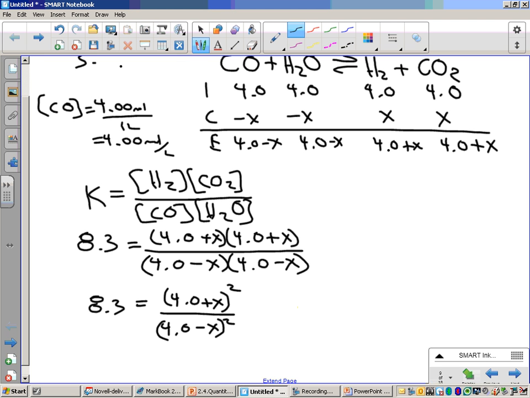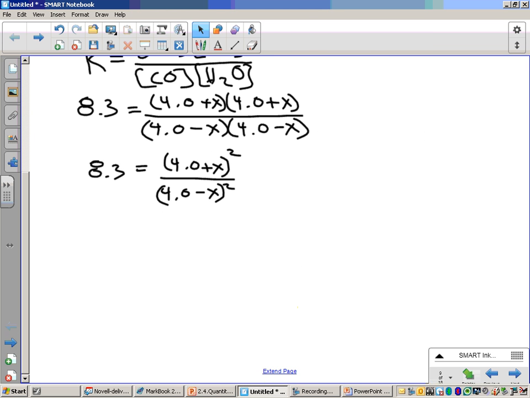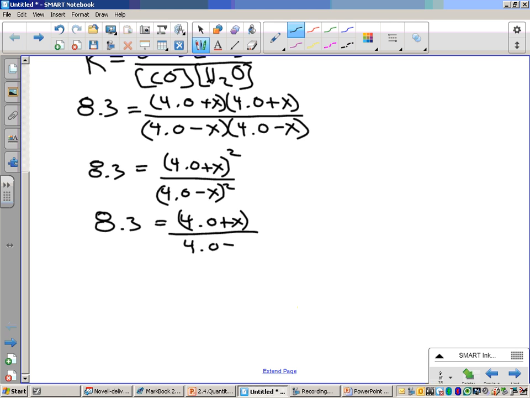I could rewrite that as one more little step: 8.3 is equal to (4.0 plus X) over (4.0 minus X), and the whole thing is squared. Because I have two identical things on the top, two identical things on the bottom, and they're squared, I can pull them out. The fact that they're both squared makes this what we call a perfect square problem.